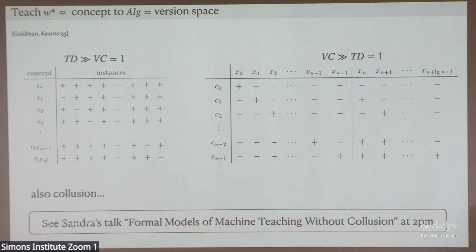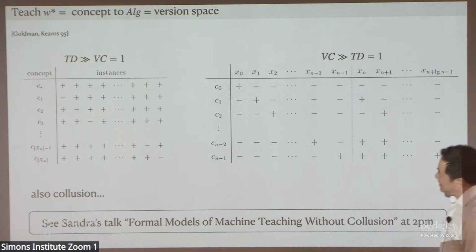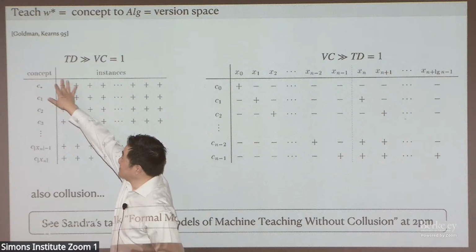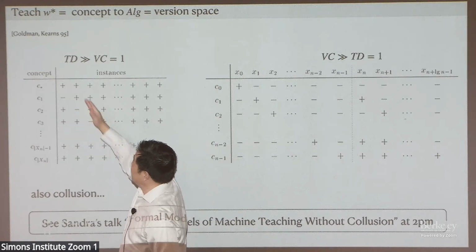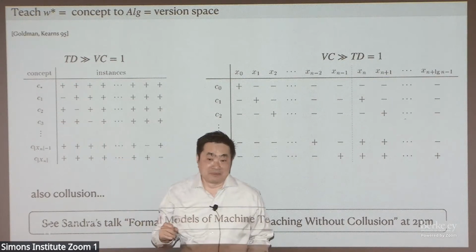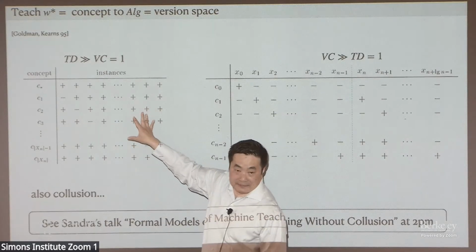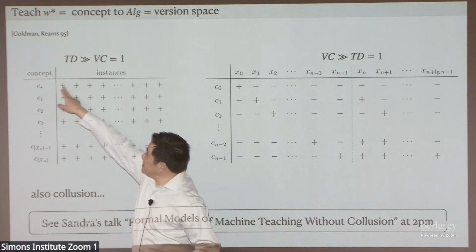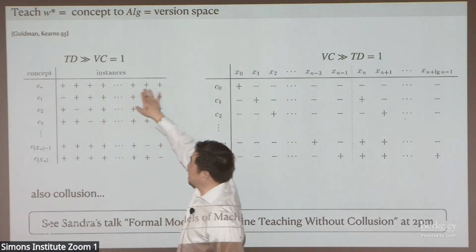All right. Coming back to the cultural question, contrast with VC dimension. I think it's worth seeing in this slide that they're quite different animals. On the left-hand side, we have this table, again, same story. The concepts are really just classifiers, and the columns are different items X. Let me point out what this is doing. This first concept classifies every item as positive.